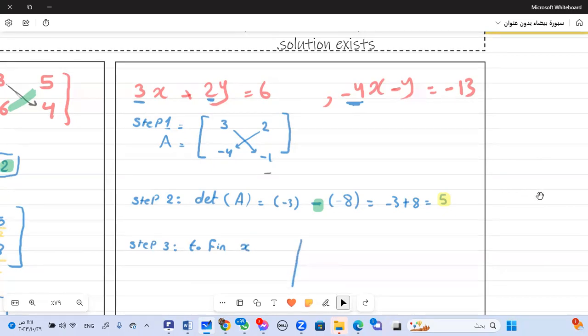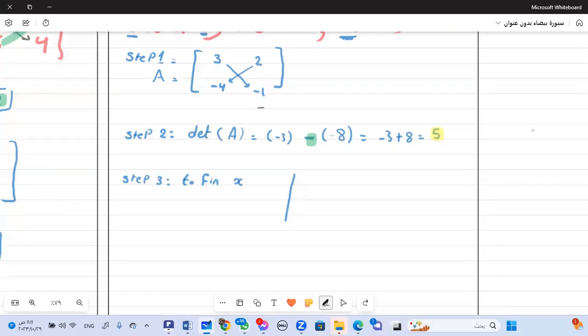Step number 3, I want to find the value of x and the value of y. To find the value of x, we change the column of x. We change the first column and keep the second as it is.